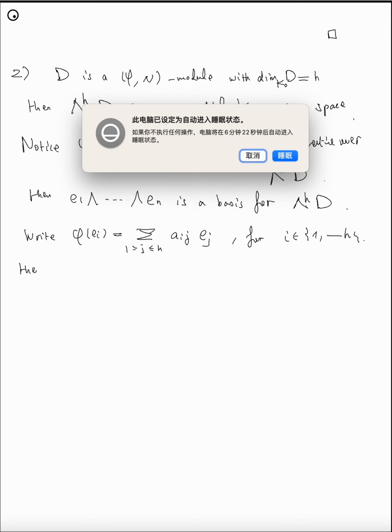Then I can set A to be the Aij, and we will have phi of E1 wedge E2 ... wedge Eh equals determinant of A times E1 wedge ... wedge Eh.